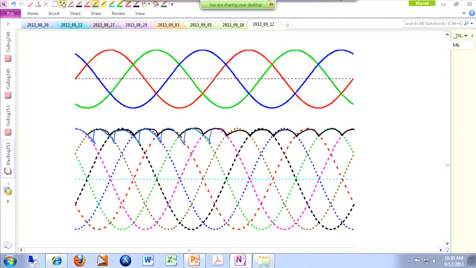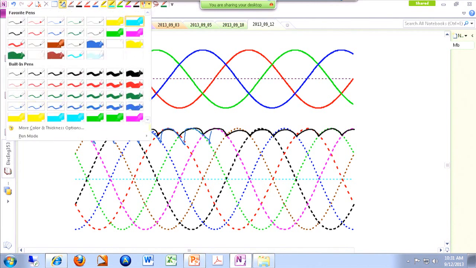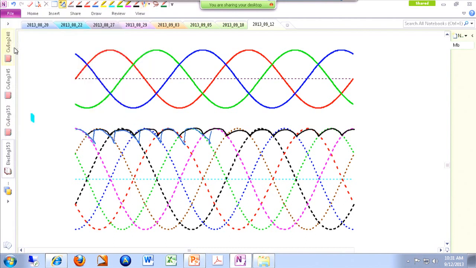So if I, for instance, increase the firing angle, let me get red. I can create something like this.